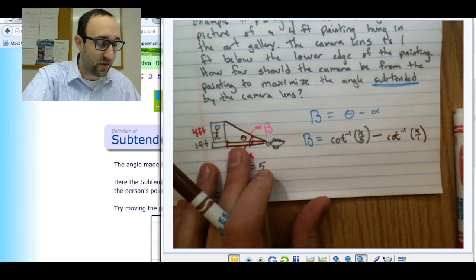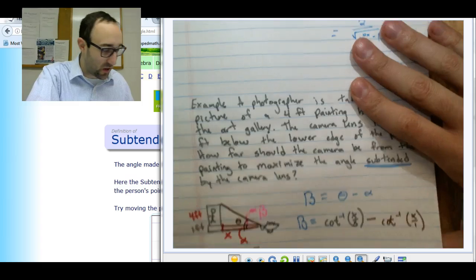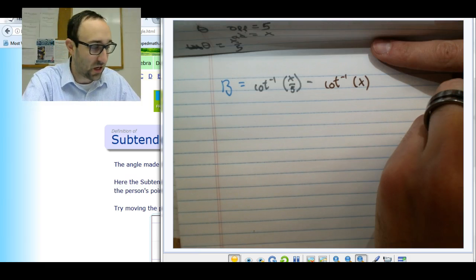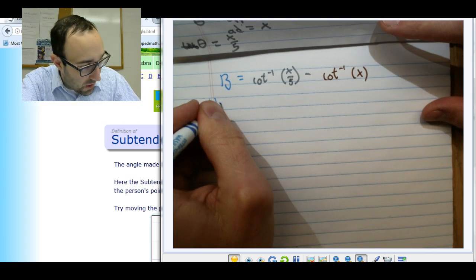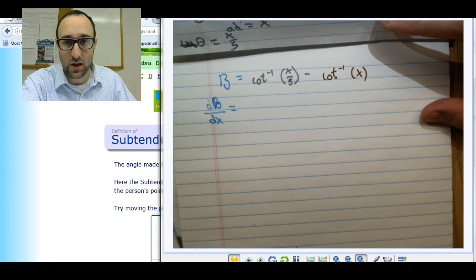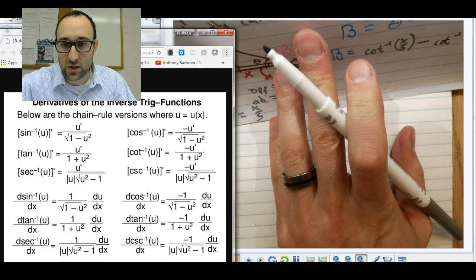So let's find that derivative. What's the derivative of inverse cotangent? I'm going to write this again because I think I'm running out of room here. Now let's go through and actually take those derivatives. So d beta over dx is going to equal, if you remember what inverse cotangent is, the derivative is negative u prime over 1 plus u squared.